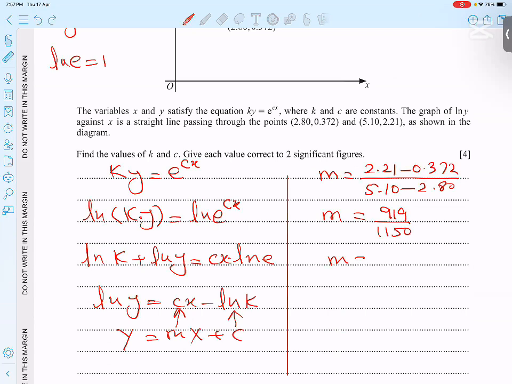Now I will go directly here. So now y is equal to mx plus c. I will use it, and in the place of m, I use this. I will use any one point. I will use this point, so this will go in the place of y and this will go in the place of x.